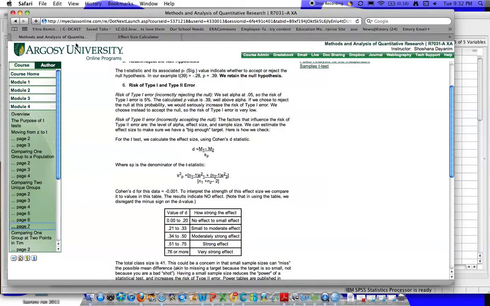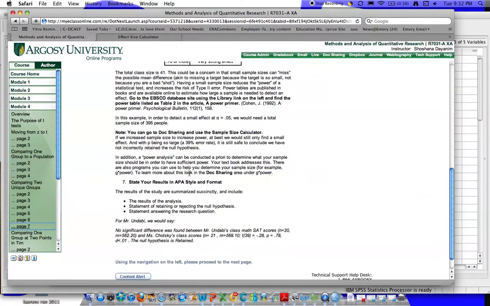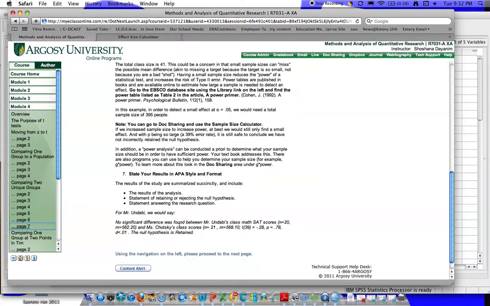Okay, and now we go back and we're going to report that. No significant difference was found between Mr. Undabi's class math SAT scores, and here you put the n is 20 for Mr. Undabi's class, and the mean is 562.20, and Ms. Chotsky's class scores, and their n is 21, the mean is 568.10, and then you report the t-value just like you did in the single sample t-test. t, then in parentheses, degrees of freedom equals 39, and here's the t-value, negative 0.28, and then the p-value of 0.78.